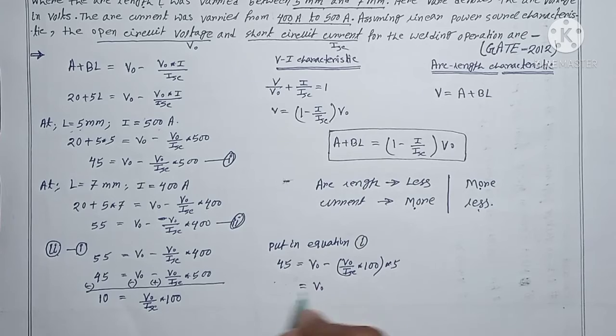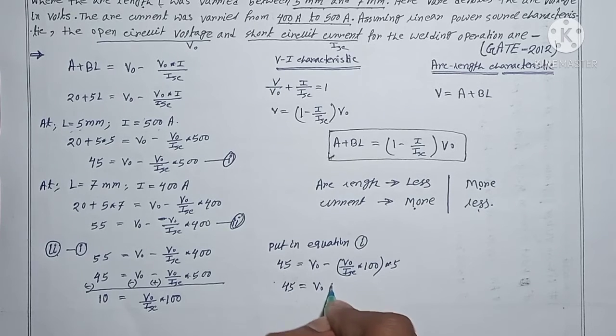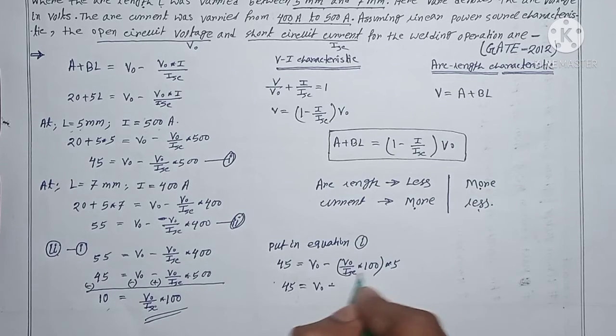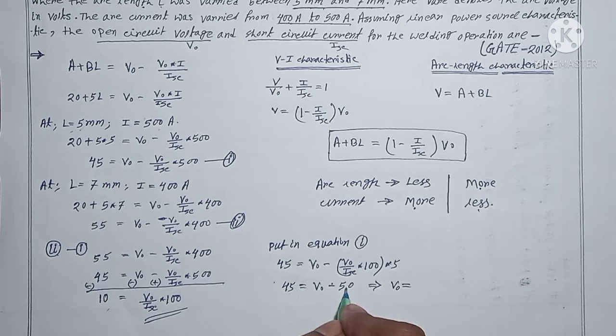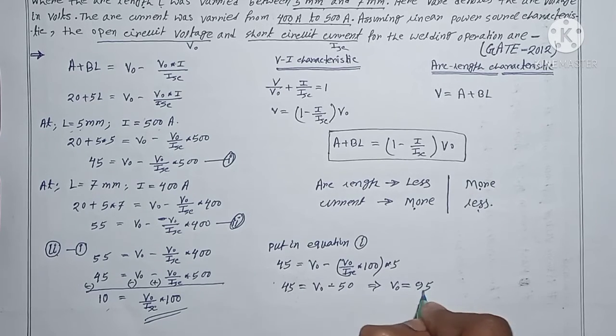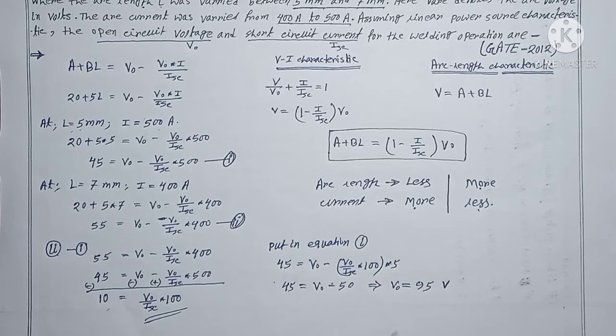So V naught equals 45 plus this value, which is 10. 10 into 5 means 50. So V naught can be written as 50 plus 45, which will be 95 volt. This is the value of open circuit voltage.